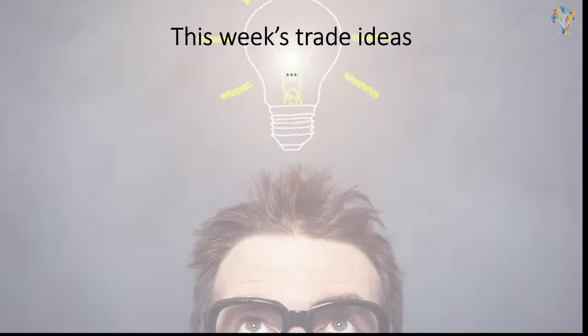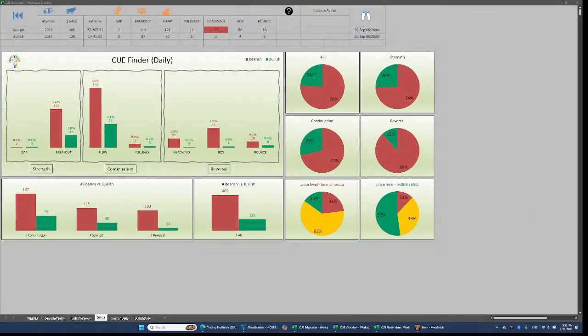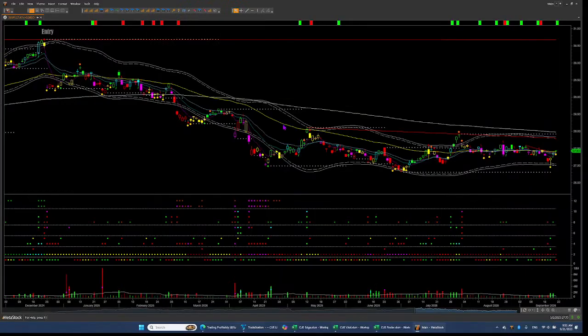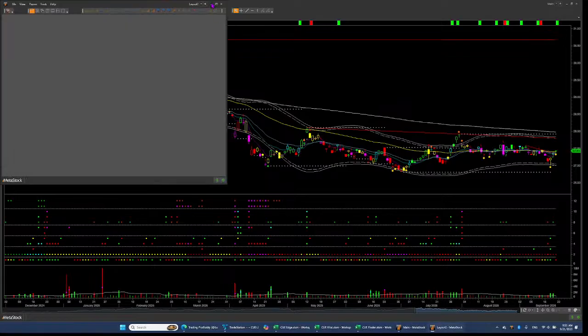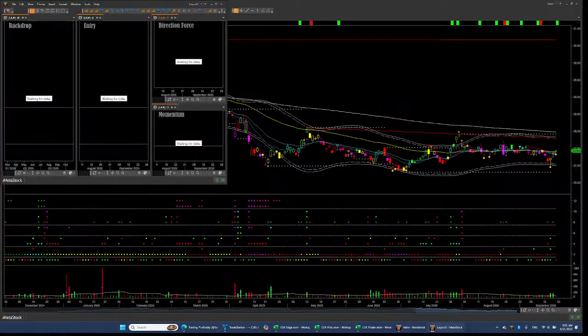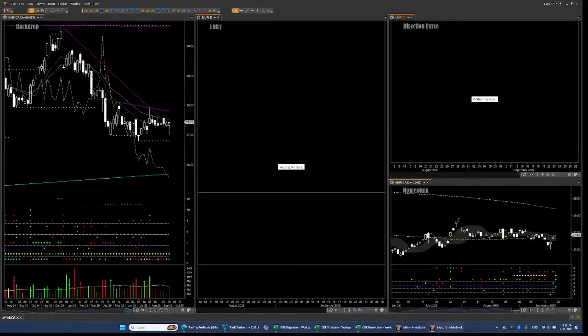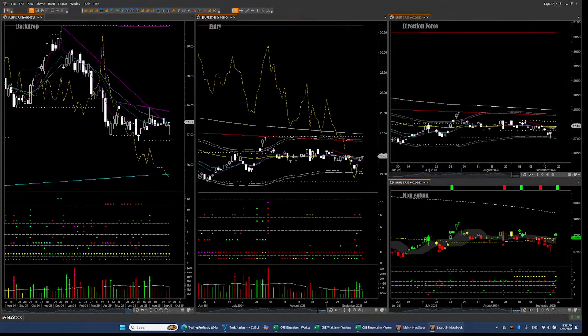This week's trade ideas, I would not like to share any trade ideas again because my view is to stand aside, but I would like to show you a few stocks just to demonstrate how I look at the market. Let's use the comprehensive layout where we can see the trade setups and also the cumulative directional forces and momentum signals.